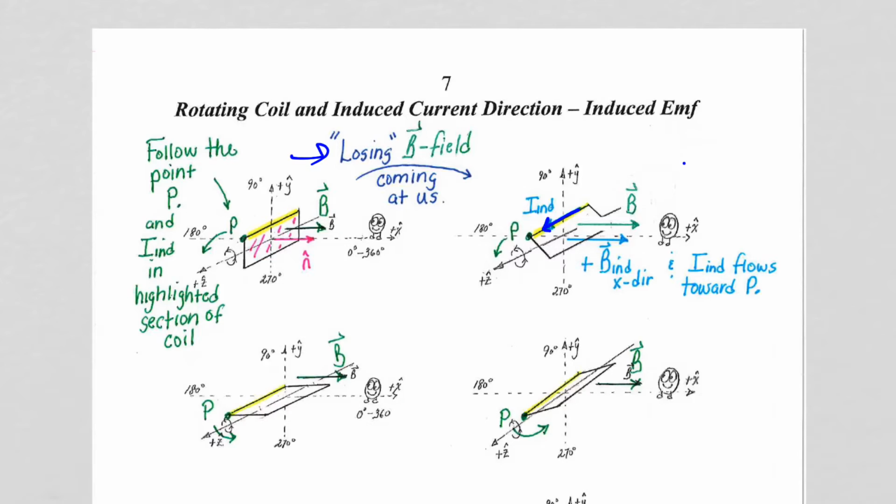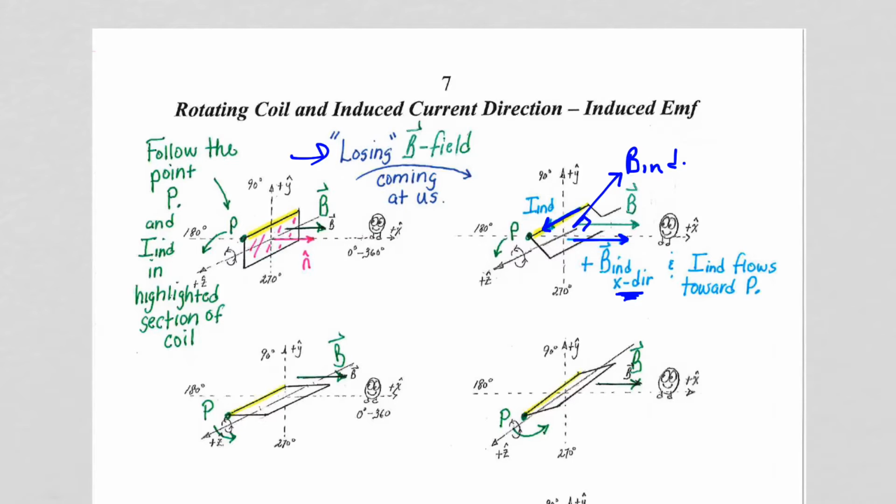Now, technically, the full B induced is going to be perpendicular to the plane up here, so I didn't put it in right away, but that's why I have the B induced in the x direction, right, is what I'm thinking of in terms of my Lenz's law analysis. I need some B field being generated coming at us.